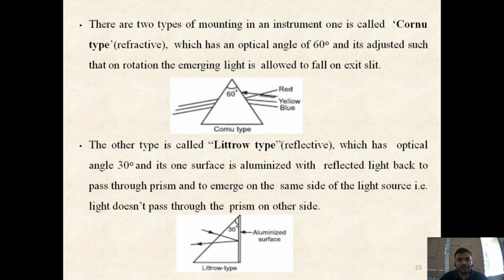The other type is called the Littrow type, that is reflective, which has an optical angle of 30 degrees, and one of the surfaces is aluminized. The reflected light passes back through the prism and emerges on the same side as the light source, that is, light doesn't pass through the prism to the outer side.